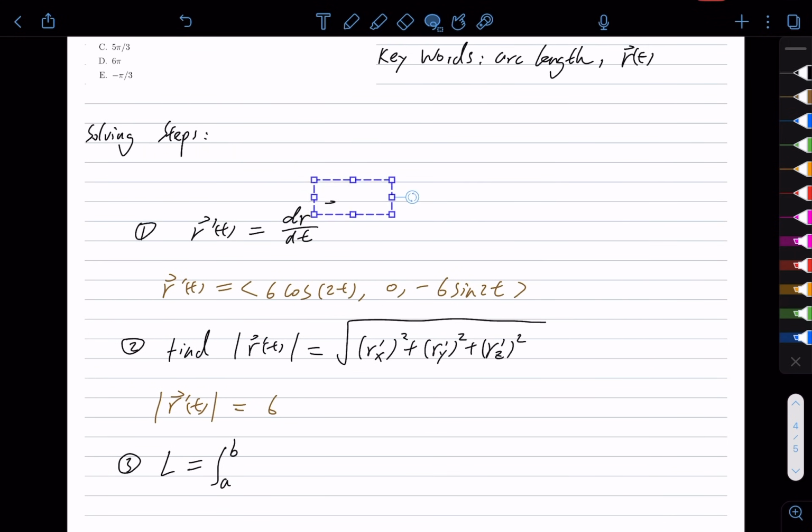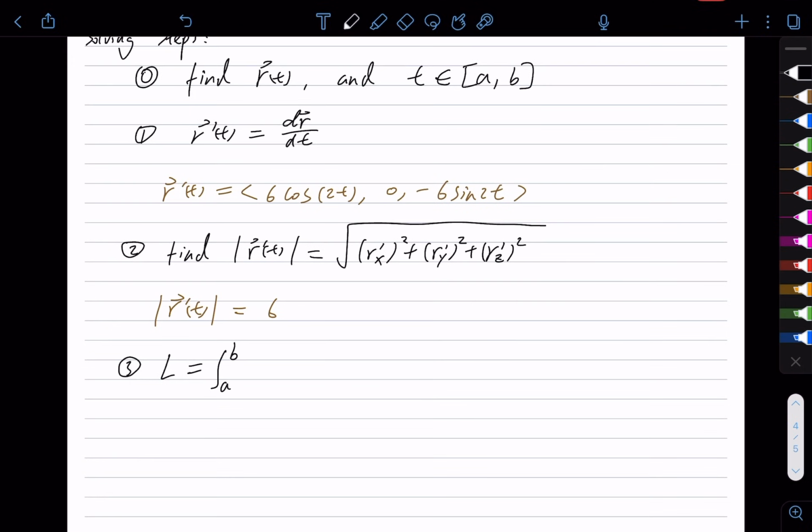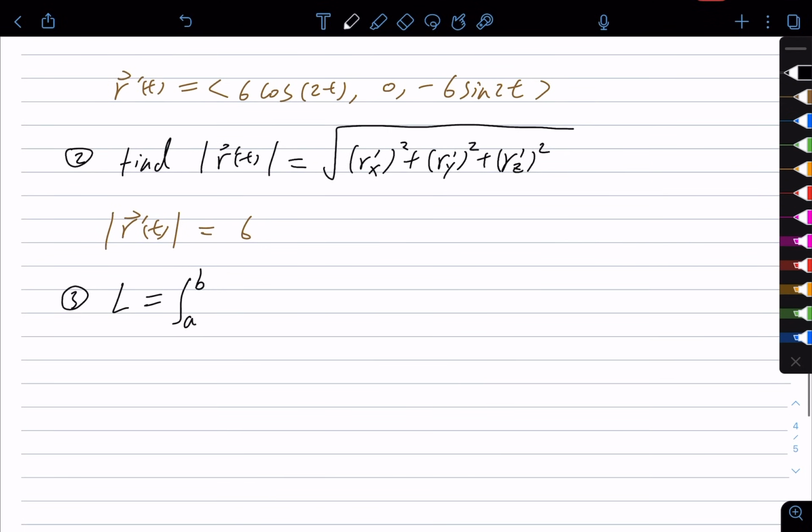So step 0, find r of t, right? Sometimes this is obvious, sometimes it's not. And t belongs to a and b, right? You need to find a and b first. So now we have the magnitude of r prime of t we just found.